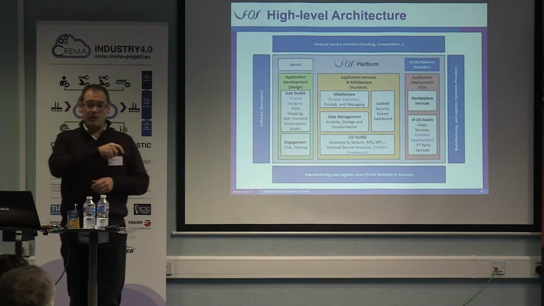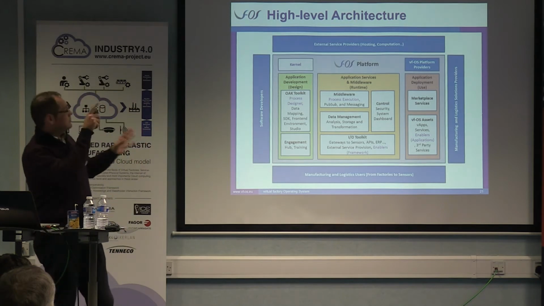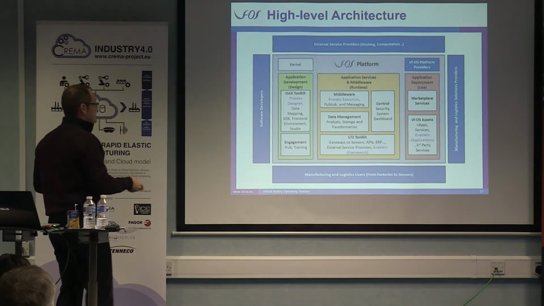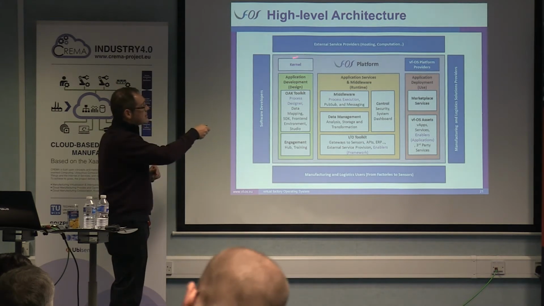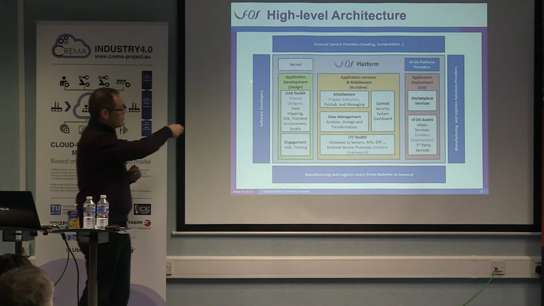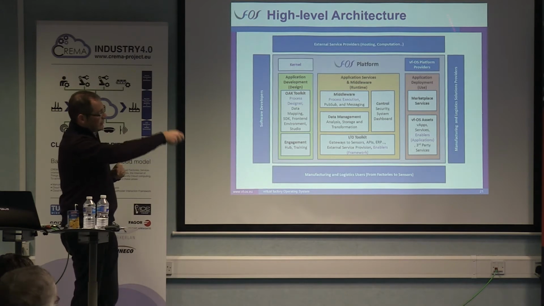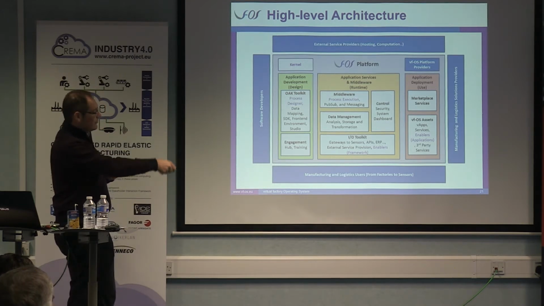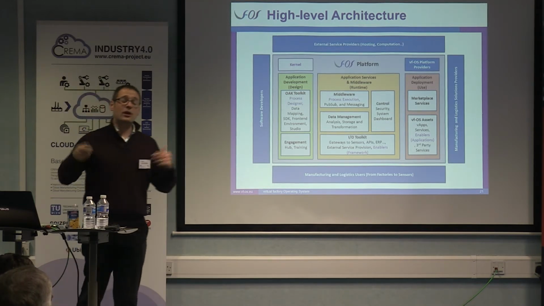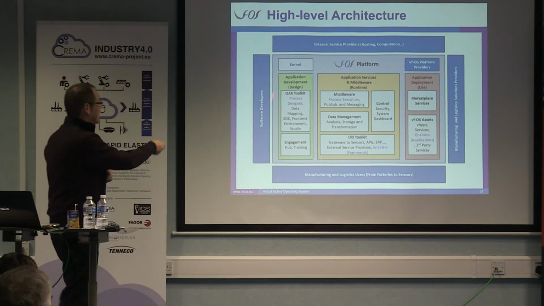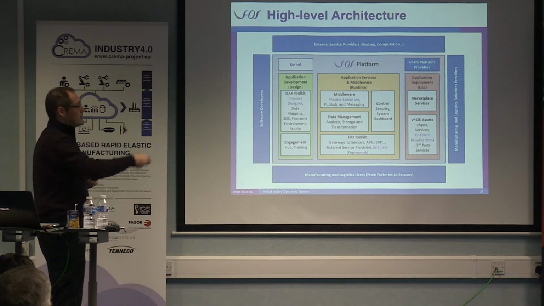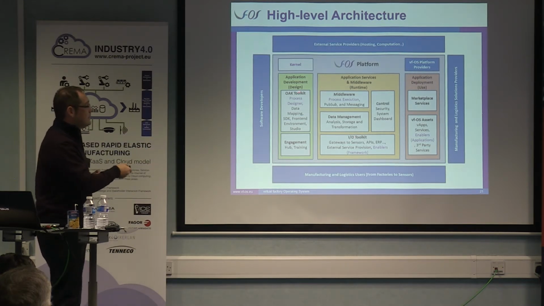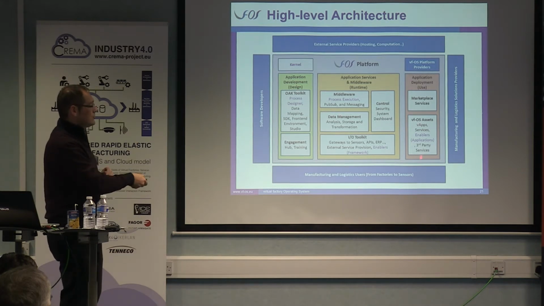That picture evolved into this high-level architecture in which we still have the same stakeholders on the edges: the external service providers, software developers, the manufacturing and logistics solution providers, and here the manufacturing and logistics users. Here the platform has been divided into three different lanes: the design lane, the runtime lane, and the usage lane.